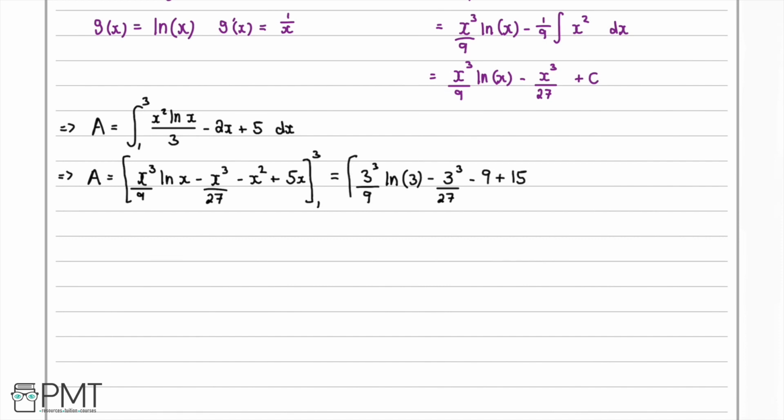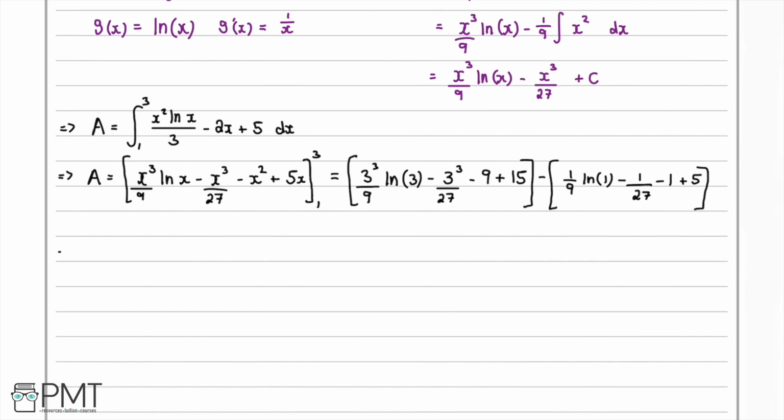Then we'll put our square brackets in here just so we can keep track of things. And then we're going to subtract the same, but with 1 substituted in for x, which is going to give us 1 over 9 ln of 1. And then we're going to take away 1 over 27, and then we'll have subtracted 1 and plus 5.